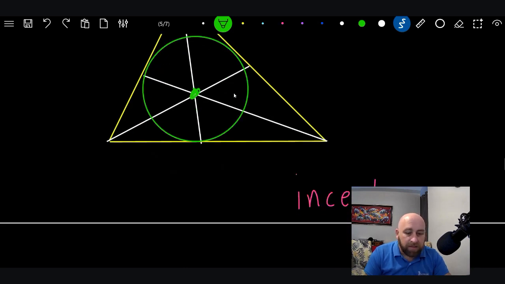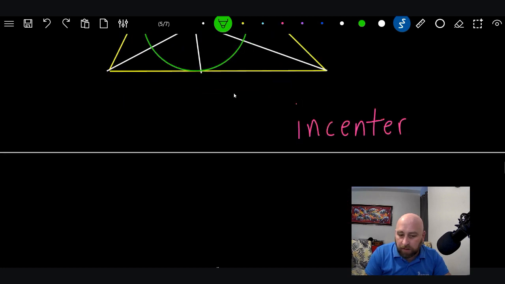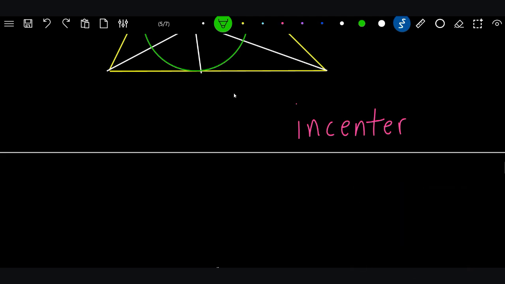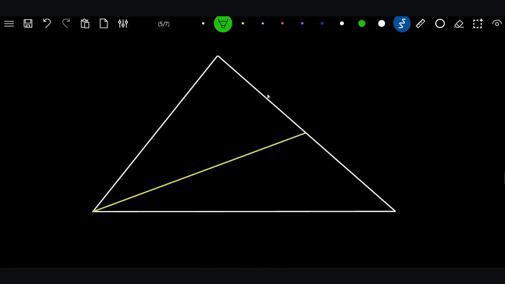So, the incenter, and I've been writing this down so you can write this down: the incenter is when you bisect the angles. Okay, and that will give you the incenter. These are all very, very important for you to know. So make sure that you study these and learn these.